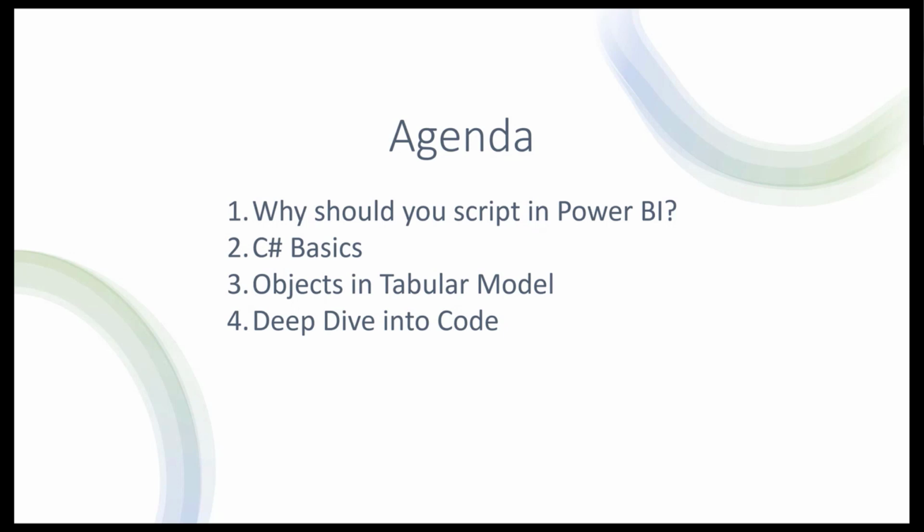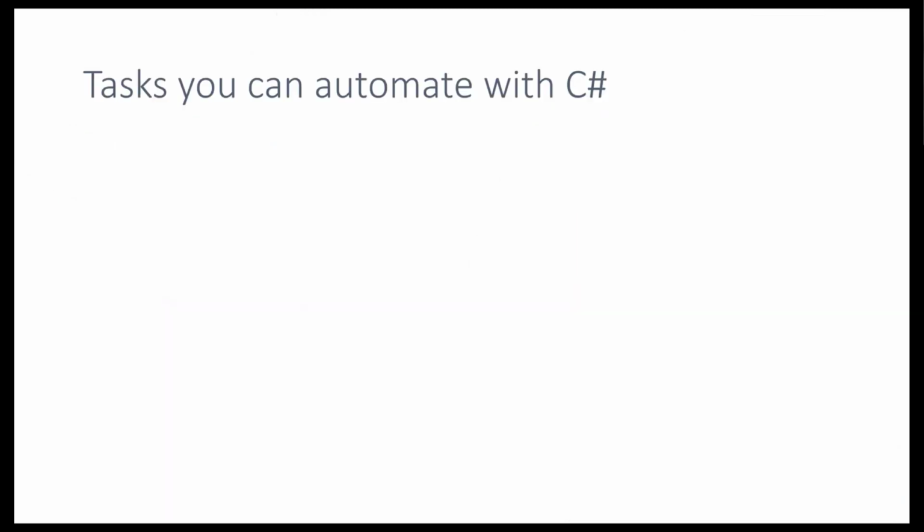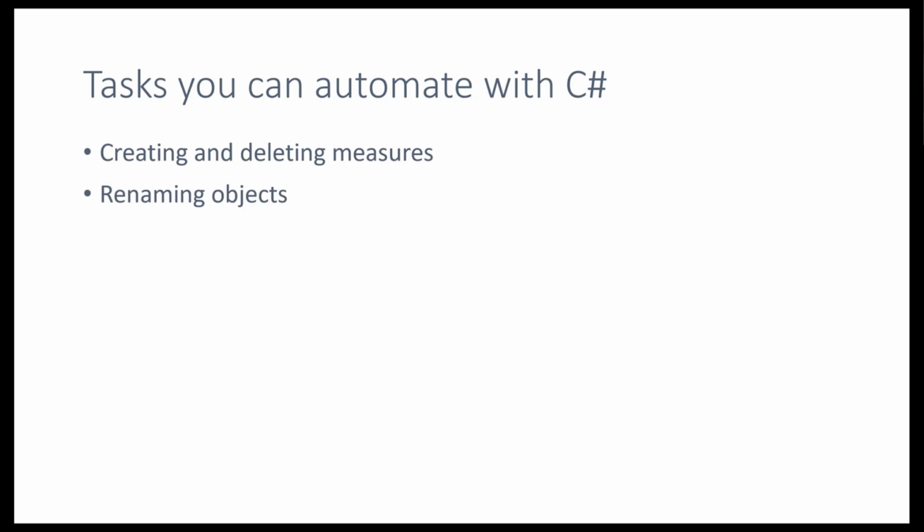So let's just start. Why should you script in Power BI? With scripting, you can automate a lot of things. The most common examples are creating and deleting measures, renaming objects, moving objects into folders, or formatting objects.